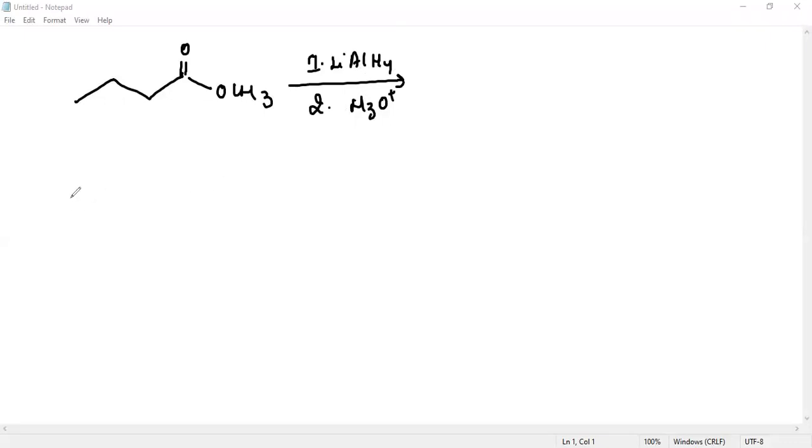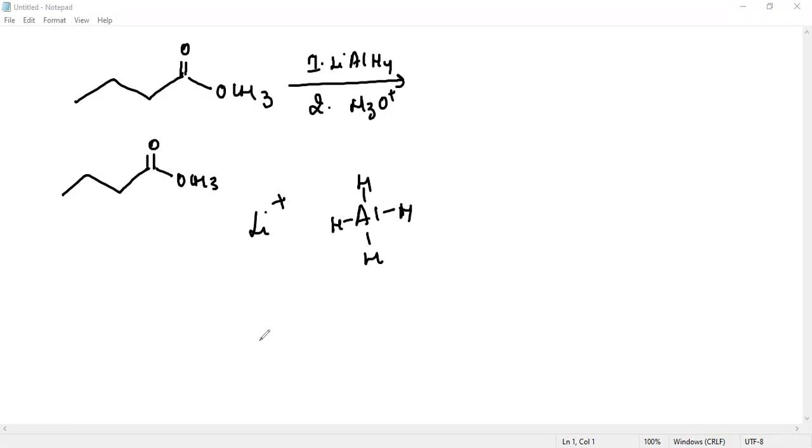So what we will do here is this. Let's look into the mechanism, and first, for doing that, we will look into the reagent. So lithium and then aluminum hydride is like this. Okay. So lithium is the one which is bearing the positive charge and the negative charge is on aluminum hydride.